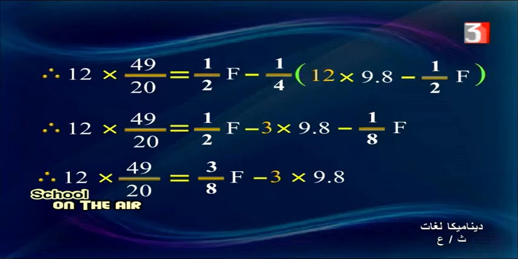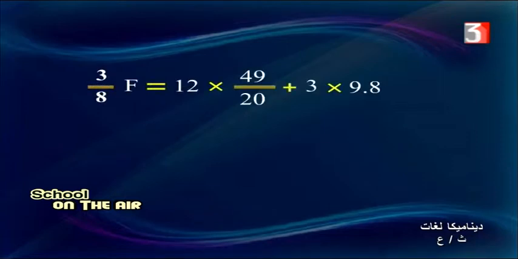We have half F and negative 1 over 8 F, like terms. Then 12 times 49 over 20 equals 3 over 8 F minus 3 times 9.8. Now 3 over 8 F equals 12 times 49 over 20 plus 3 times 9.8.